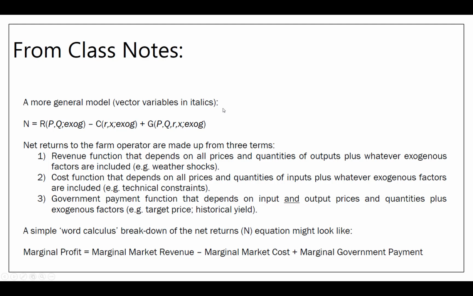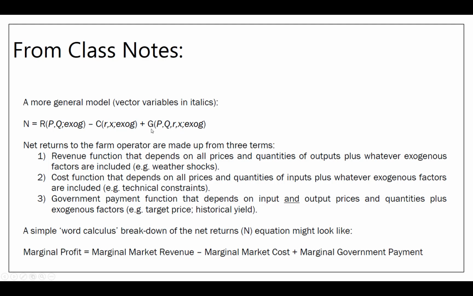And then the last piece of the general function is the government payment function. It could depend on the current price, the current quantity output, the current input price, the current input quantity, or some exogenous factors. And we're going to see this become more and more important as we get to more realistic policies.